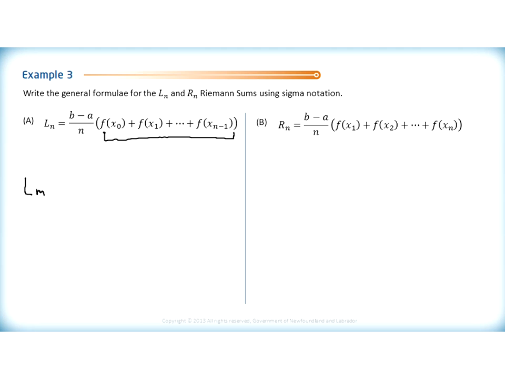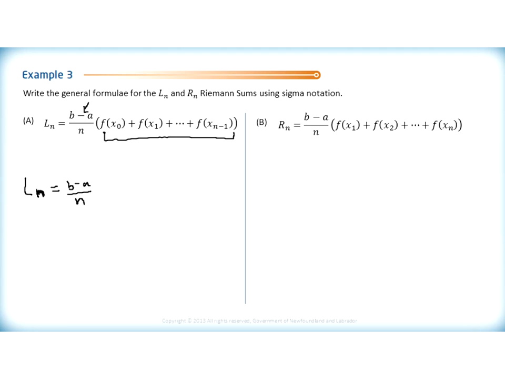We're just going to say Ln. I'm going to write this out 2 different ways. Ln. Now, this stuff right here doesn't change. That's the width of the interval, b minus a, divided by the number of rectangles we have, n. So that's the width of each subinterval. So I don't have to change that every time. I'm just going to leave it out for now.